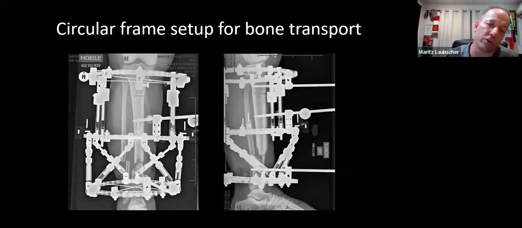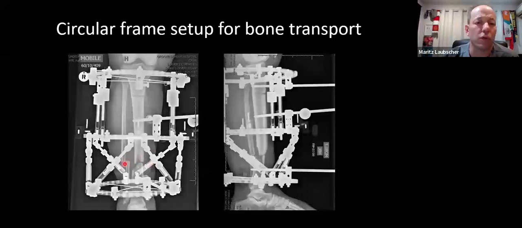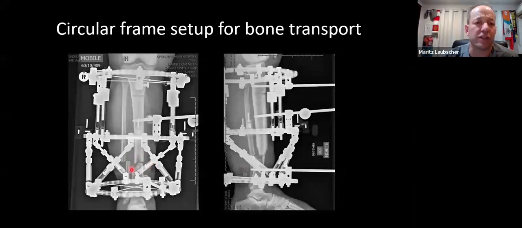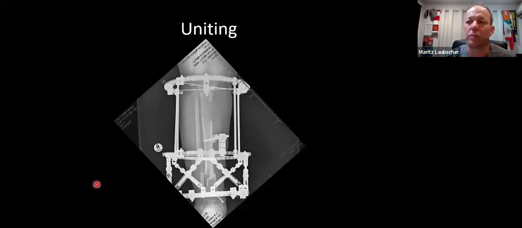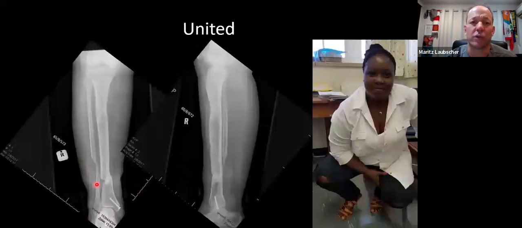With acute shortening and distant lengthening, you have your first treatment focus in contact from the beginning, and healing already starts while you start lengthening. So in her case, we lengthened the 6 centimeters to give the length back, and you can see progressive consolidation of the regenerate and eventually a united tibia.